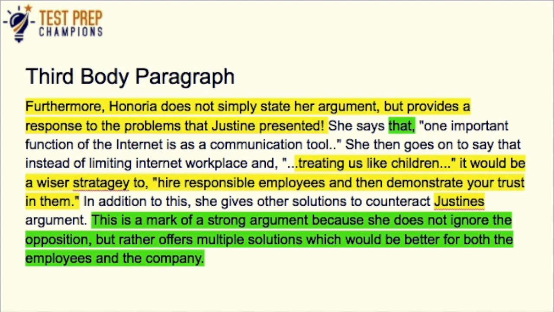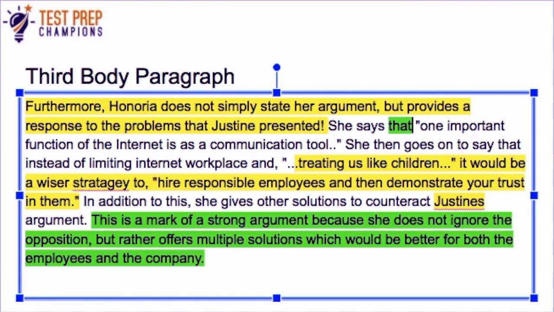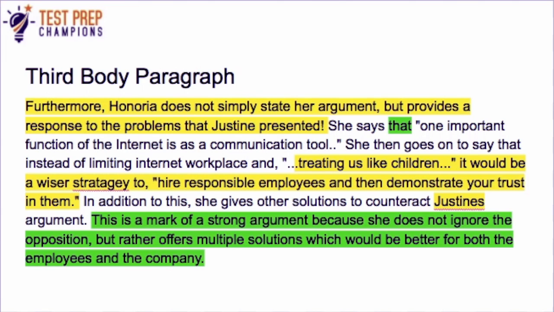Okay, so let's move on to your third body paragraph. So you start off by saying, furthermore, Honoria does not simply state her argument, but provides a response to the problems that Justine presented. She says that, and again, I don't think that you need that comma there with the word that. So she says that one important function of the internet is as a communication tool.